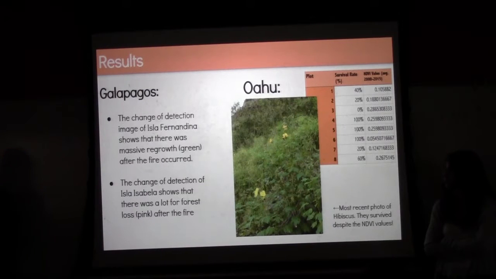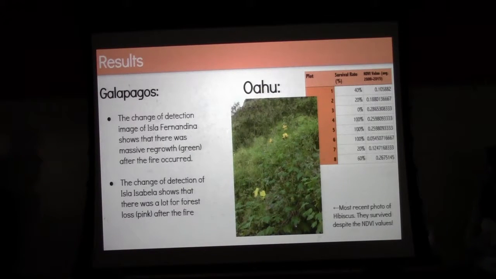And we found that in the Galapagos, in the change detection of the image for Fernandina, there is a large amount of vegetation growth, which is represented in green color. And for the detection in Isabella, the purple color shows that there is a large amount of vegetation lost.